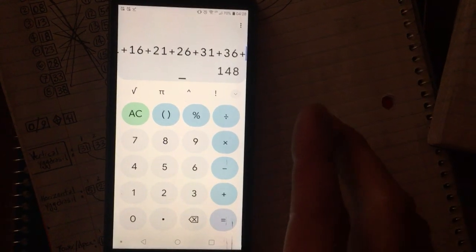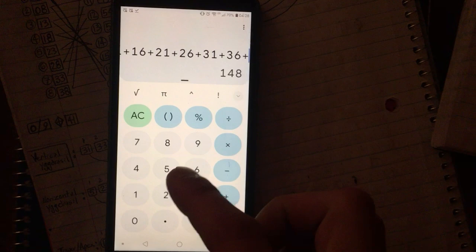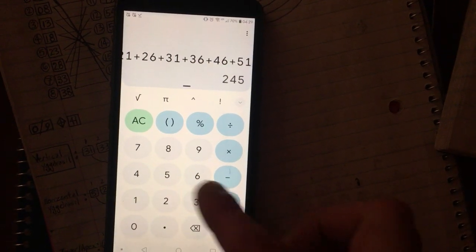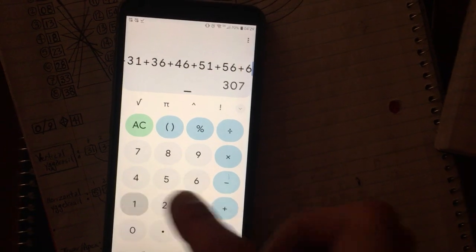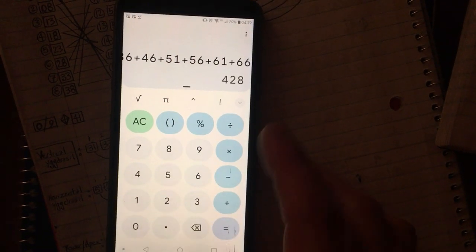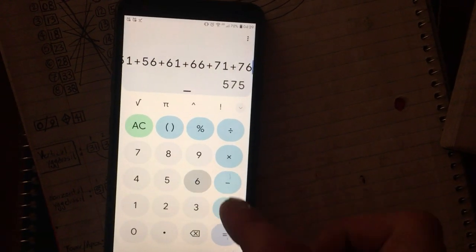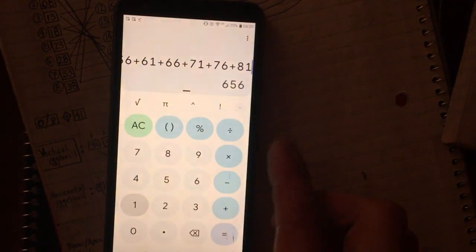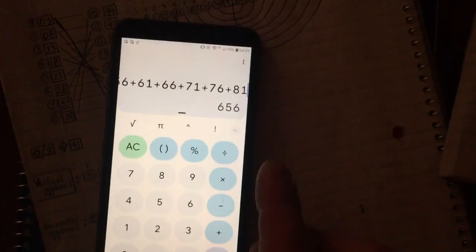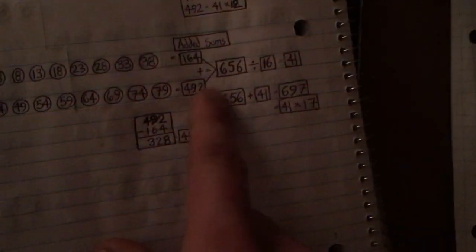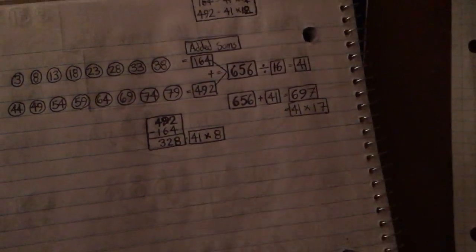Let's not include the 41 just yet. Sorry. 656. There it is again, going back to the 16, right?